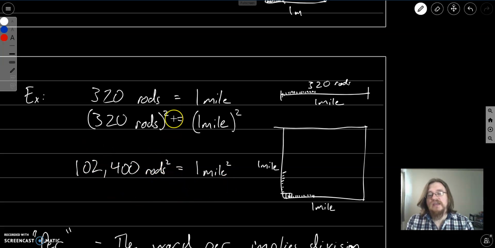So again, these don't even have to be measurements that we're familiar with. Maybe some of you haven't even heard of rods before, but it all works exactly the same. If we're talking about area, we're going to square things, and 320 squared is going to be 102,400. So that's how many square rods there are in 1 square mile.